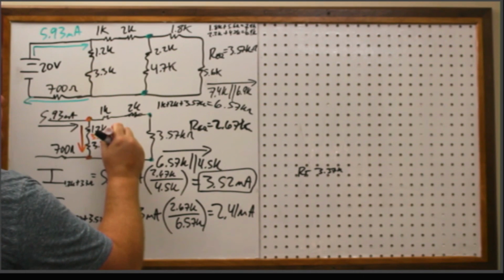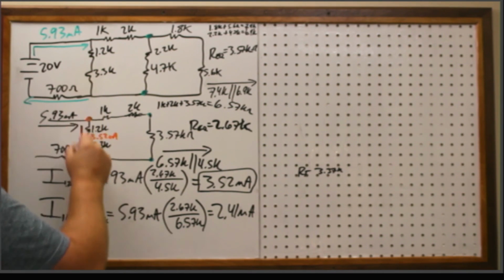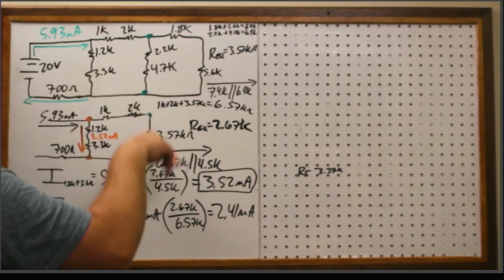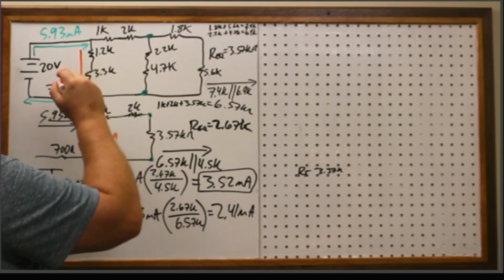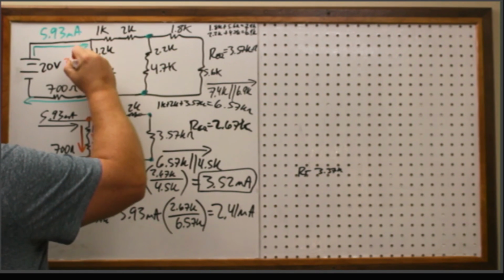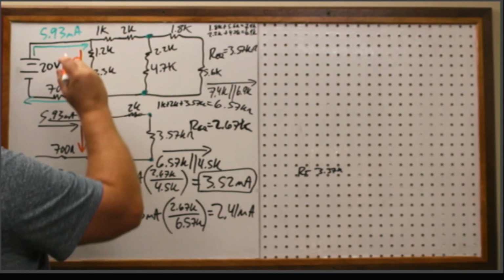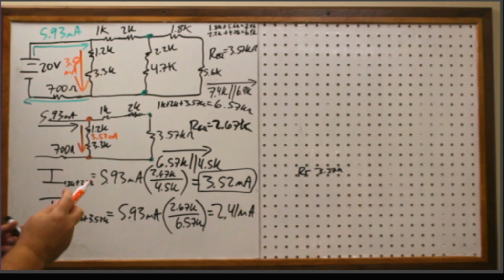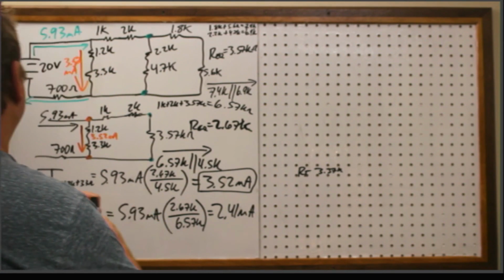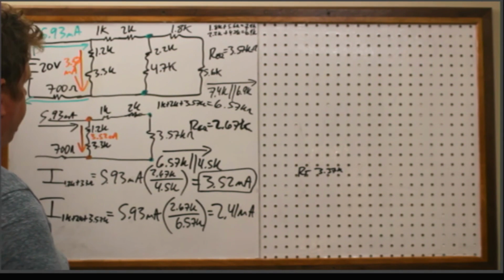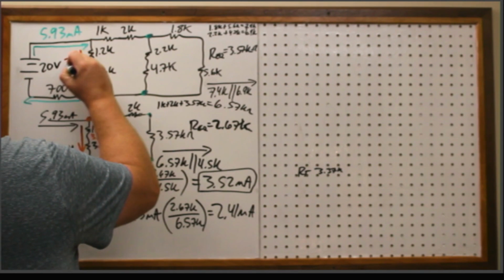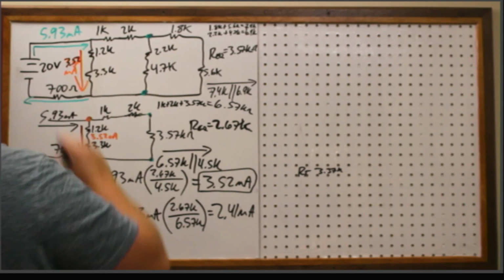I can transfer that up here because it's standalone. It doesn't have anything else going on out here. So I can transfer this 3.52 milliamps. I wish I had a nicer edge on this one. So that's kind of messy. 3.52 milliamps.